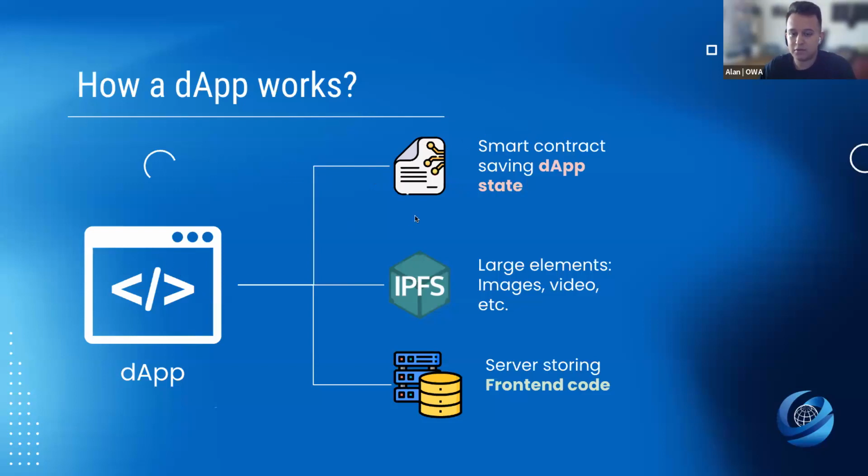You have your app, and it has a smart contract that allows saving the state of the application, so you can store information like financial balance, number of tokens, NFTs, votes in a DAO or any other information, but it's still a very small piece of information from your application.